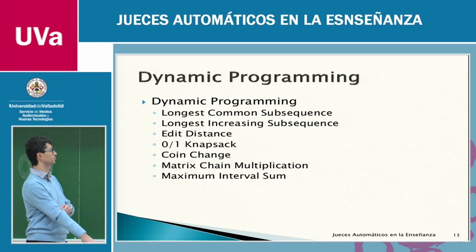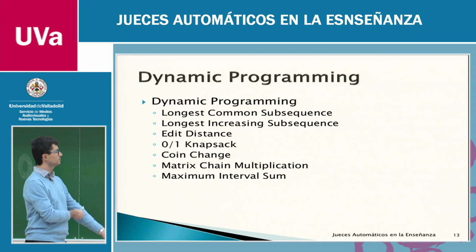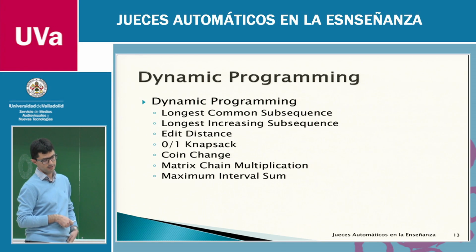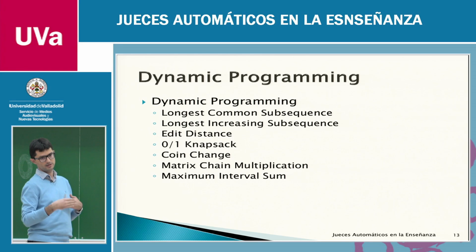There are lots of problems that fit in this strategy. These are the most known, the longest common subsequence. This is used in biology to check the sequence of DNA.